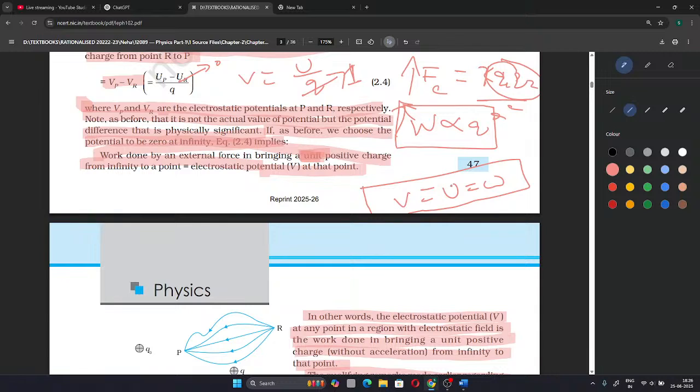In such a case, we can define voltage or potential as the work done in bringing a unit, let me repeat, a unit positive charge from infinity to a point. We can also mention that it is against an electric field or electric force, which is what we call electric potential.